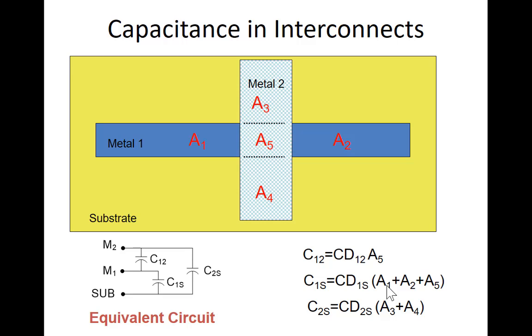On top of metal 1, I'm gonna see some metal too, but I'm only gonna see a little bit of it across here in this region here. So here was metal 1, and here is metal 2.